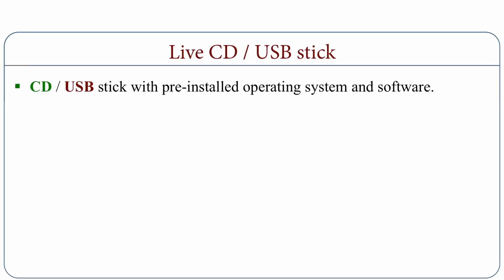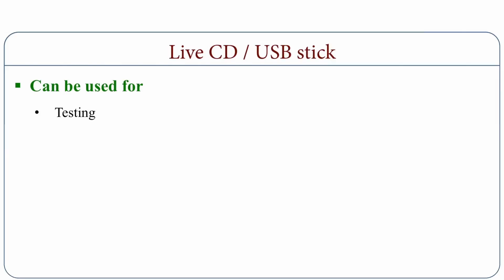The concept of live CD or live USB is that I have a pre-installed system in the CD or in the USB stick. So the advantage of having a pre-installed system in a CD or a USB is that I can use it for testing without installing on the system.